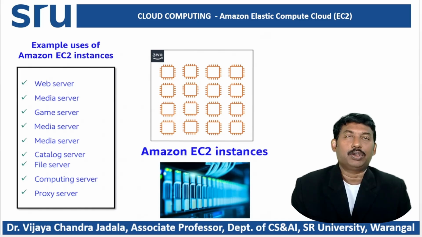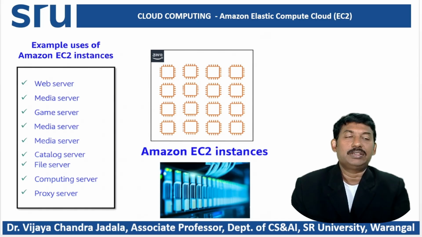EC2, that is Elastic Compute Cloud, provides secure, resizable compute capacity in the cloud. EC2 instances can support a variety of workloads that common users use EC2 instances for, including but not limited to these different servers.